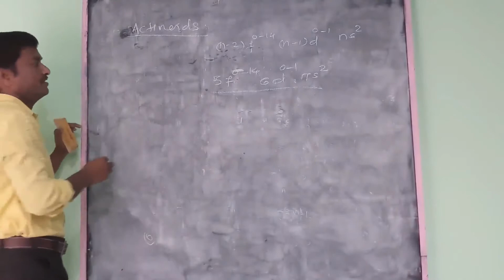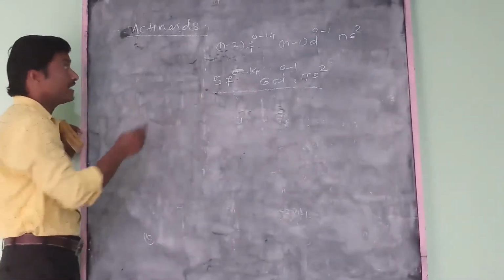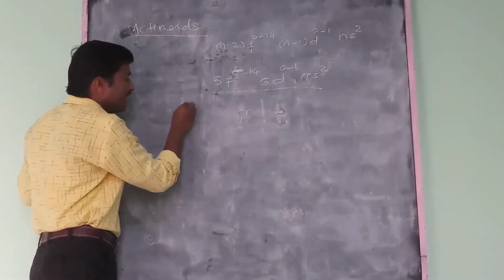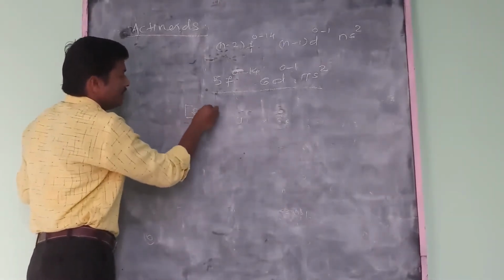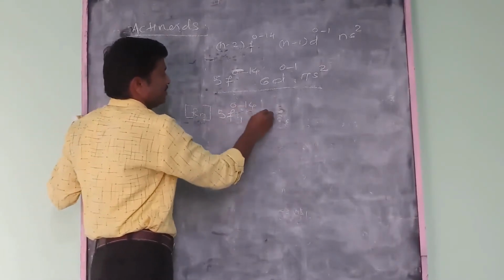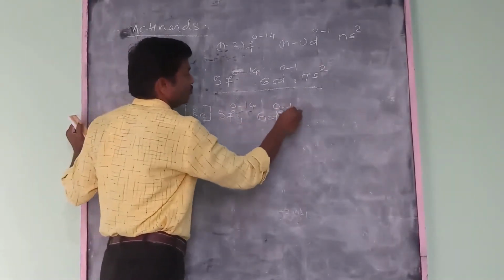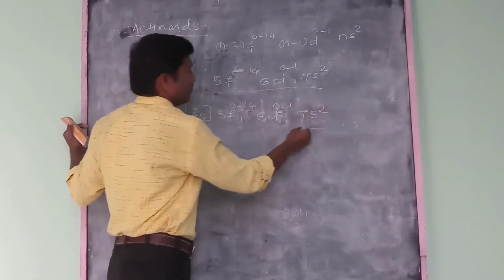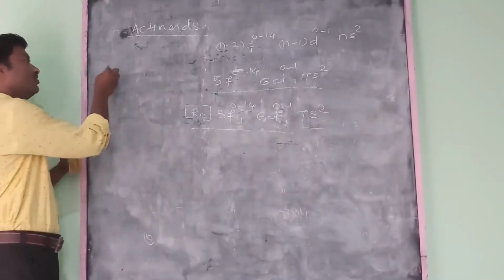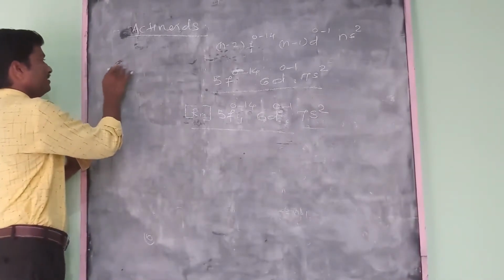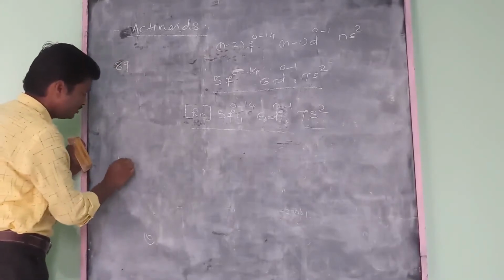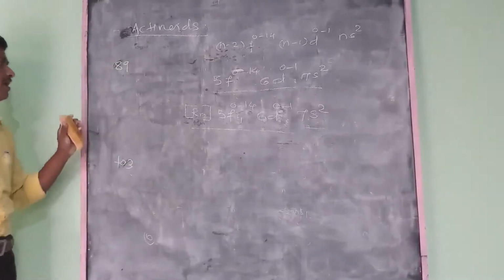The general electronic configuration, this is the outer electronic configuration of actinoids. We have to write it like this: radon Rn 5f0 to 14 6d0 to 1 7s2. Why is radon used here? We know the actinoid series starts from 89 and goes to 103, lawrencium.